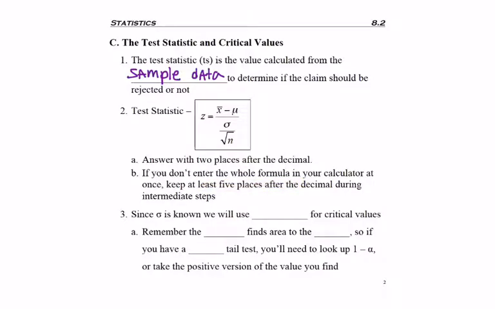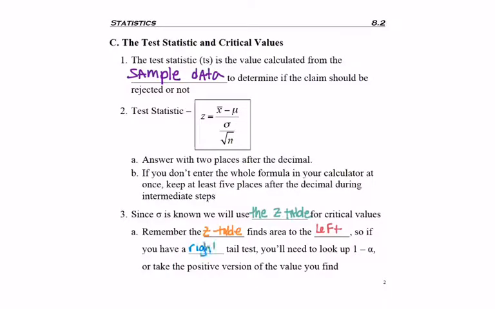Okay, and for the critical value, since sigma, the population standard deviation, is known, is pre-existing, we will be using the z-table for the critical values. And don't forget that the z-table finds area to the left of a critical value or a z-score.